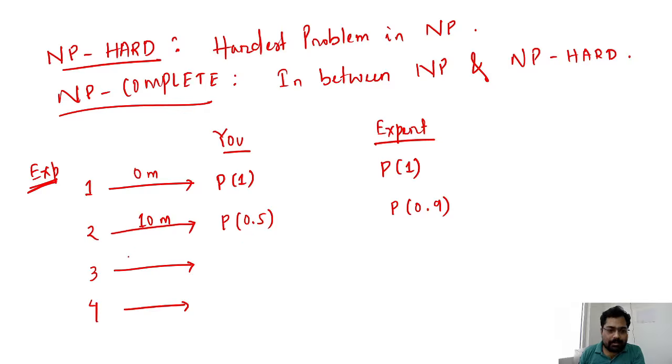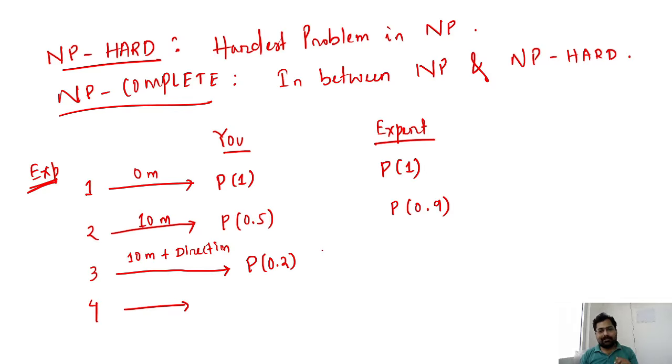Suppose 10 meters with a direction. If direction is added with 10 meters, the probability is definitely less, say 0.2, because you are new and don't have shooting knowledge. There is a direction, like in a game, where your target moves from left to right, again right to left, again left to right.